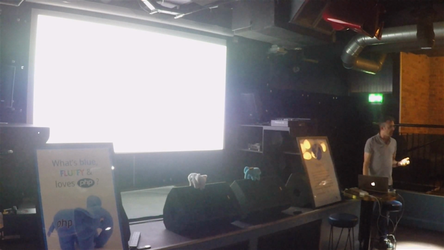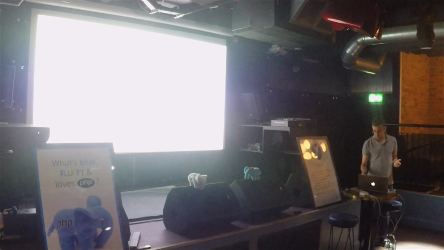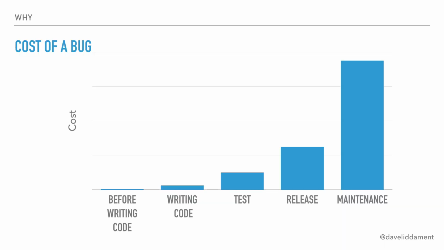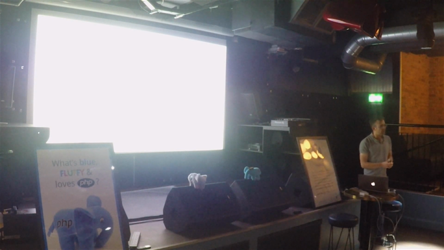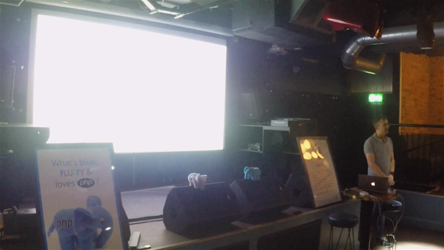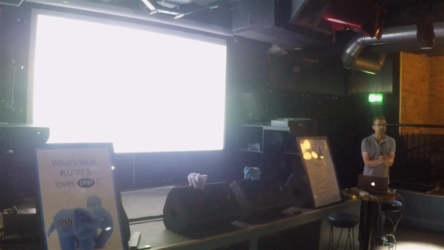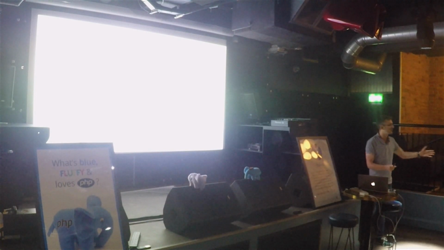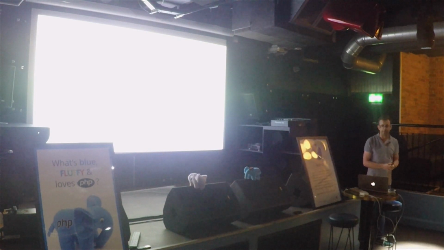So how will static analysis reduce the costs of a bug, or reduce the costs of software development? Basically, if we think about how much a bug costs, if we find a bug at the moment we're writing the code, it's generally pretty quick to fix. If we're immediately alerted, we can go, oh yeah, I've seen that, I'll go and fix that right here and now.